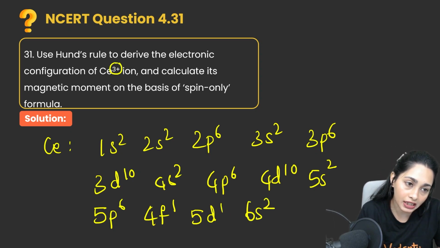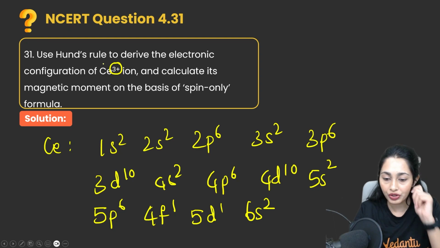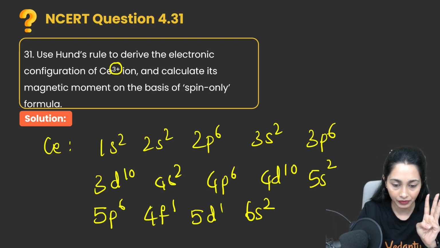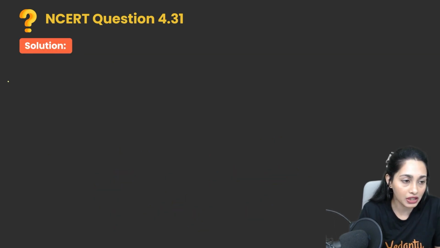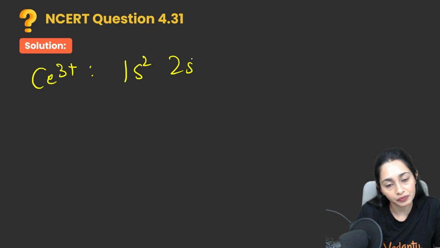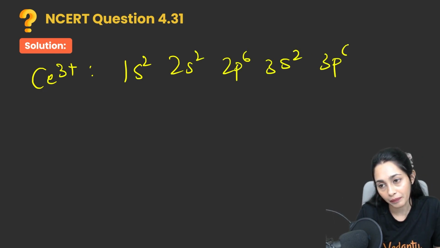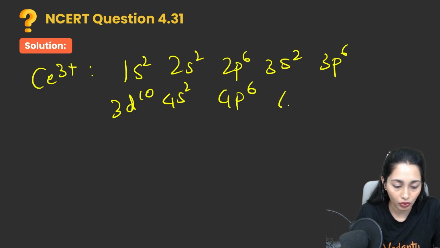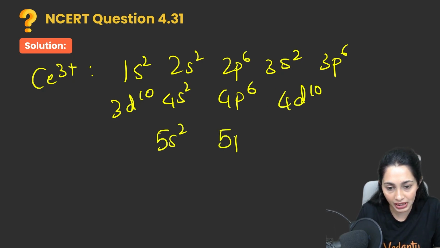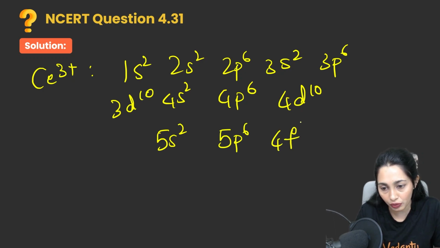As it is in its 3+ oxidation state, we need to remove 3 electrons. Cerium 3+ is then 1s2, 2s2, 2p6, 3s2, 3p6, 3d10, 4s2, 4p6, 4d10, 5s2, 5p6, 4f1.